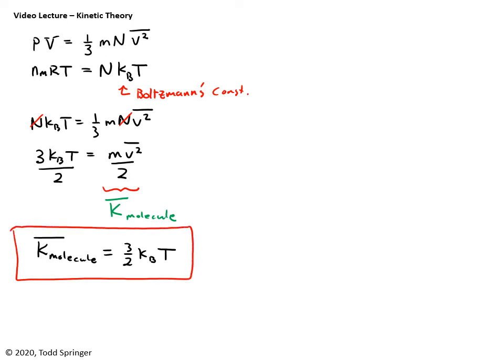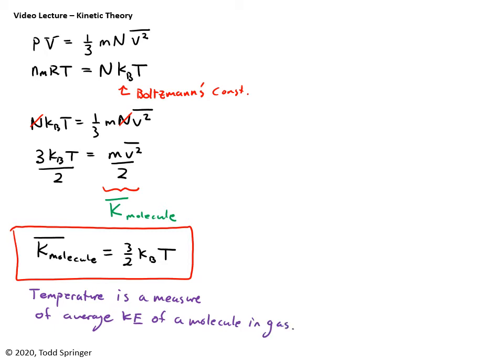So that tells us that temperature, what is temperature? It's a measure of the average kinetic energy of a molecule in the gas. Okay, so if the gas molecule is moving faster, the temperature's got to be higher. If I increase the temperature, I'm increasing the molecule's kinetic energy.